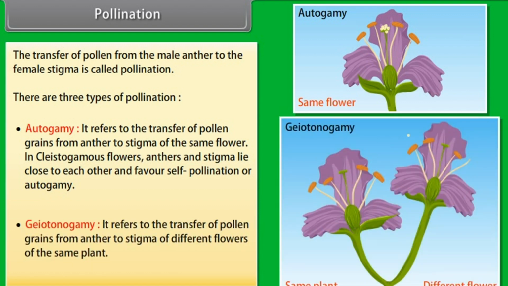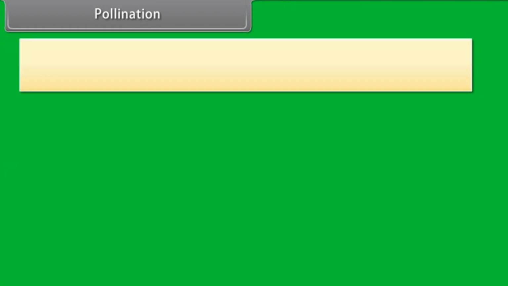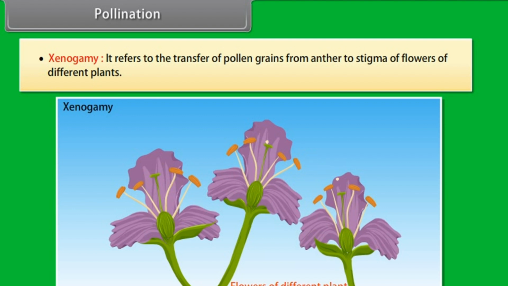Geitonogamy refers to the transfer of pollen grains from anther to stigma of different flowers of the same plant. Xenogamy refers to the transfer of pollen grains from anther to stigma of flowers of different plants.